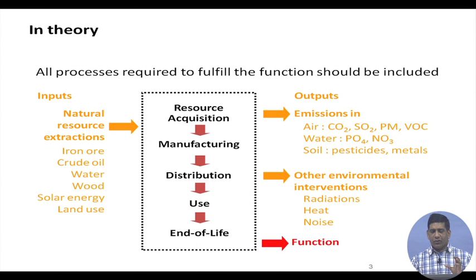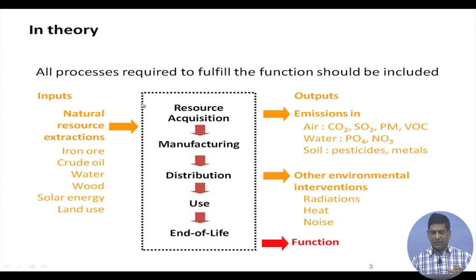In theory, there will be a lot of processes that happen to achieve the function that we want to achieve. This box came up very similarly to what we looked at earlier in our bulb exercise as well. For any of these life cycle analysis activities, we have resource acquisition, where things have to be acquired, such as mining activities, then manufacturing, distribution, use, and end of life.